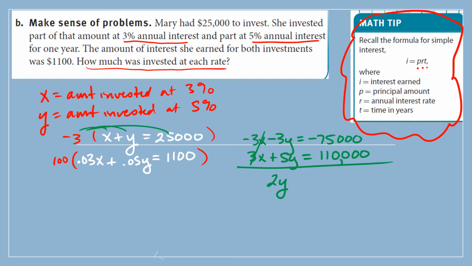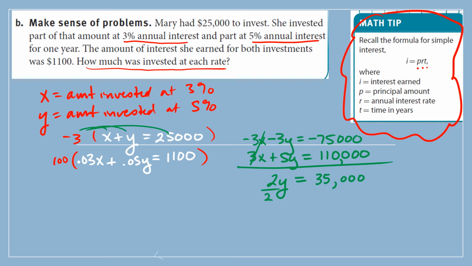I'm going to end up with 2y equals 35,000. And so when I divide 35,000 by 2, I'm going to get 17,500.